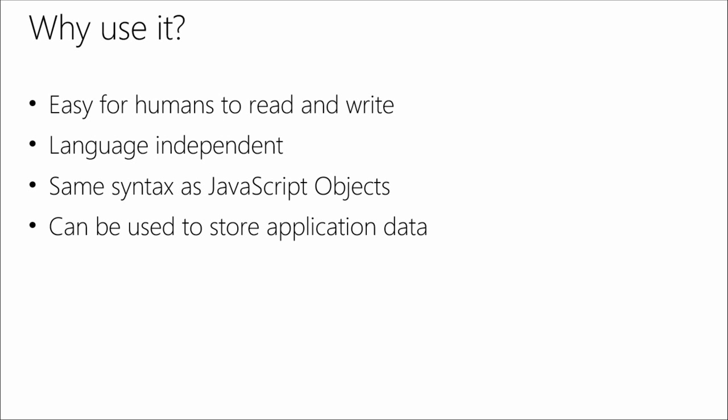Now, one thing worth highlighting is that this has a lot of similarities to XML. We can use XML as well to send information back and forth and to write out to a file. Some people might wonder, why would I use this over XML? The main reason is that with XML, there's a lot of bloat to the file because of all of the opening and closing tags.